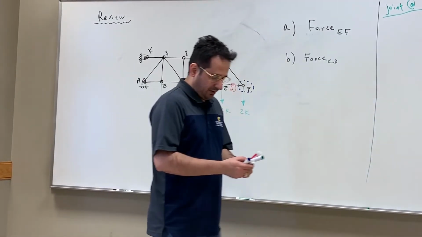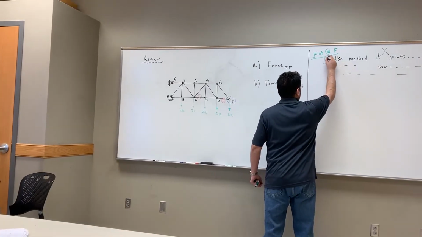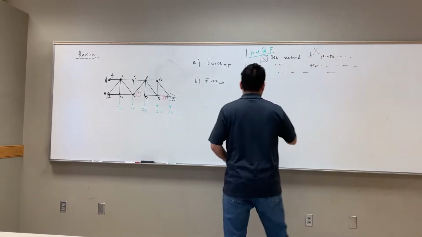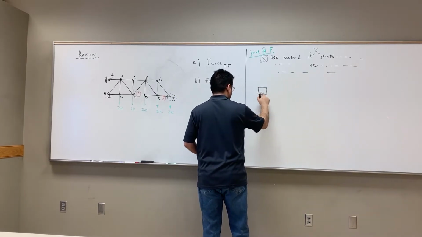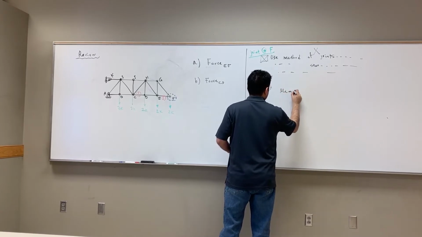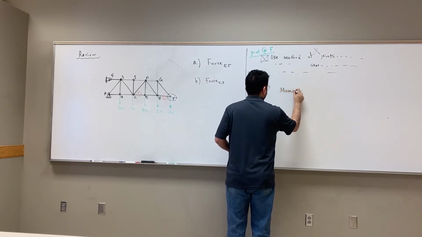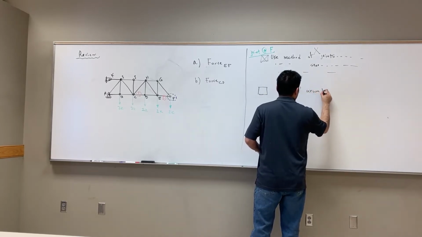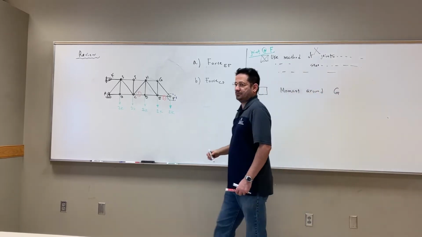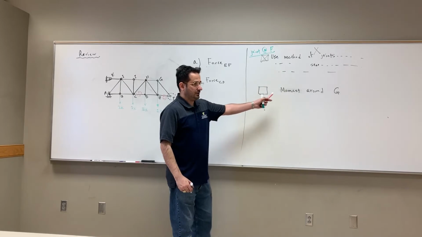The second weird answer that I got, so this is wrong. This is not unique. It doesn't uniquely specify the answer to the problem. The second wrong answer was moment around G. Well, the question is, what is your system?